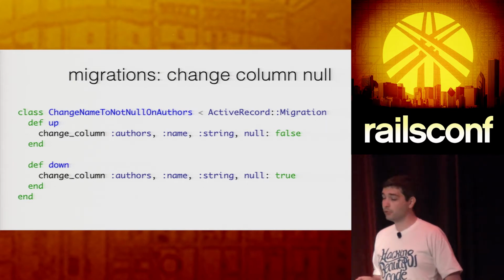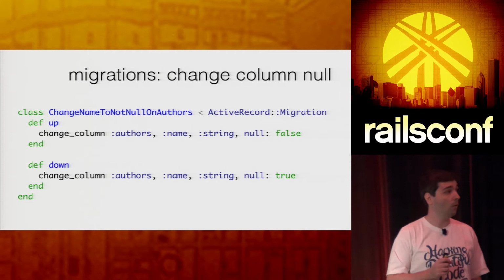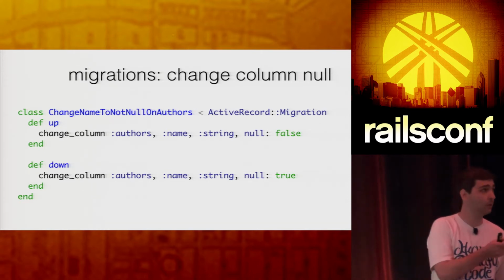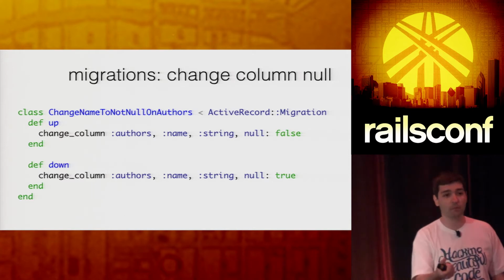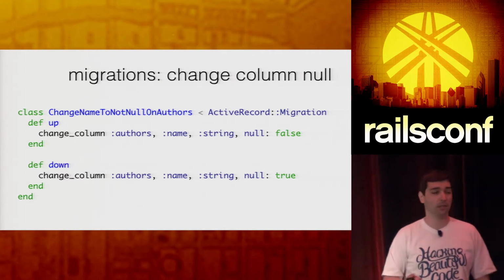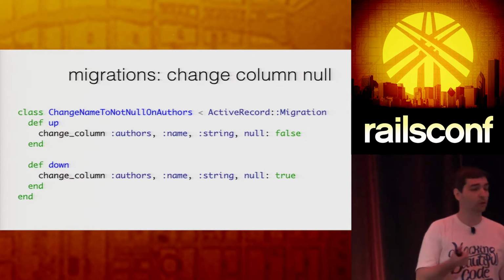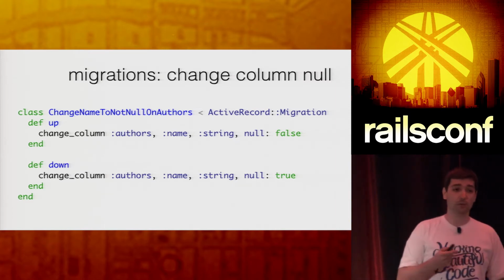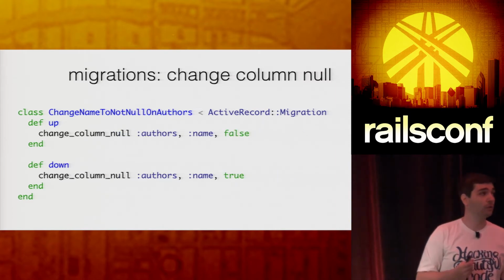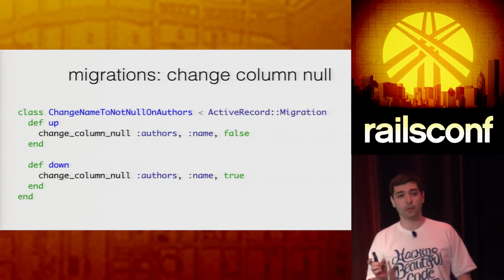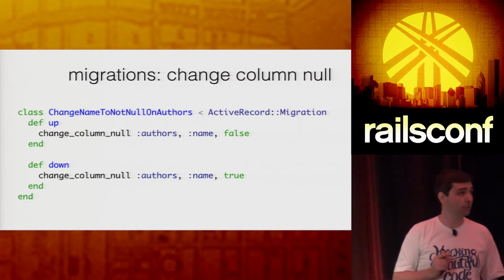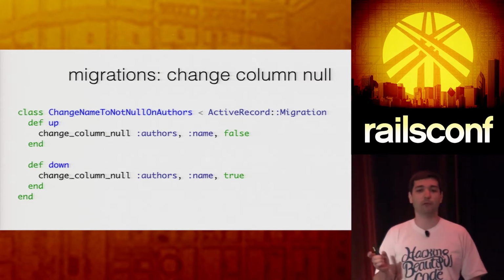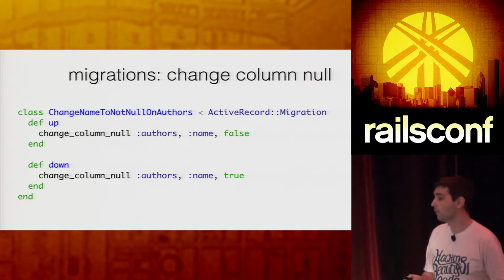And the problem with using change_column is that we need to tell which is the type of the column we are changing here, because we could use change_column to change the type of the column to something else, instead of string, to be like text, for example. But in this case, I just want to change a null flag, so I could use change_column_null. It's a little helper that Rails has that allows you to just change that flag without actually saying which is the type of the column you are changing.